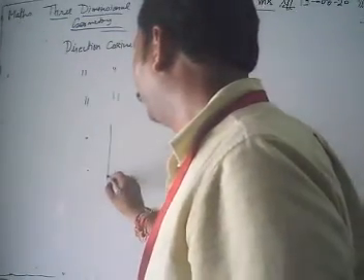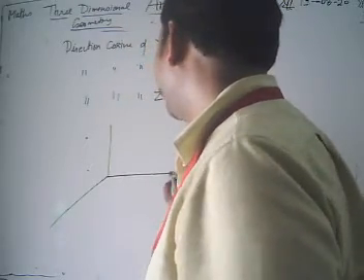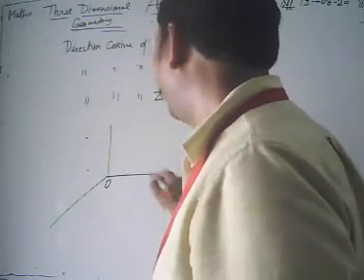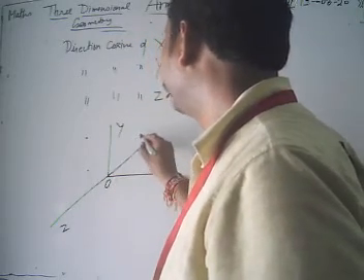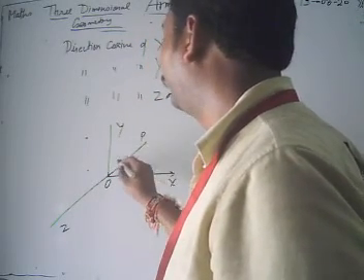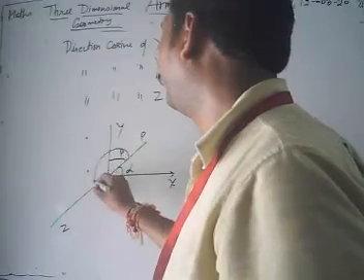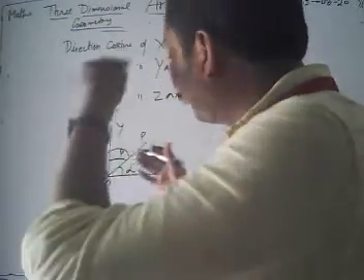Now look, what do we have? We have three mutually perpendicular axes, OX, OY and OZ. Any point P in space makes angles alpha, beta and gamma with the positive direction of the axes.